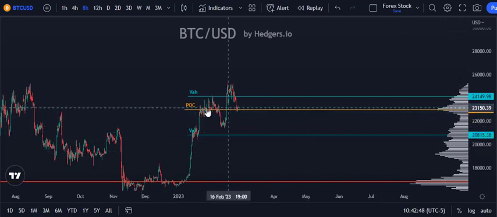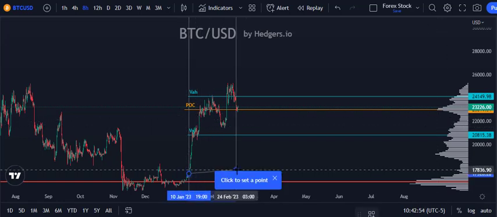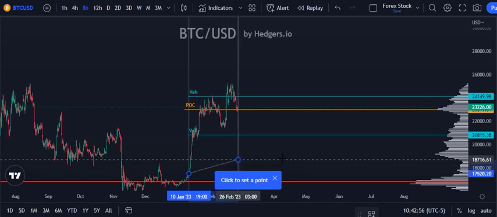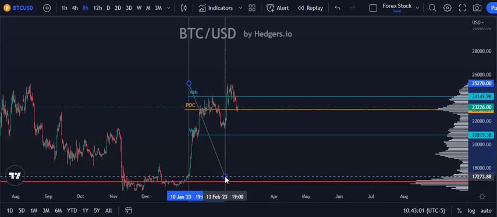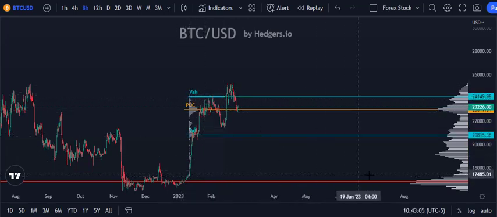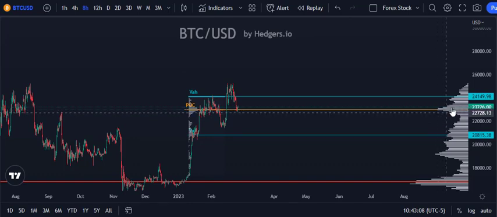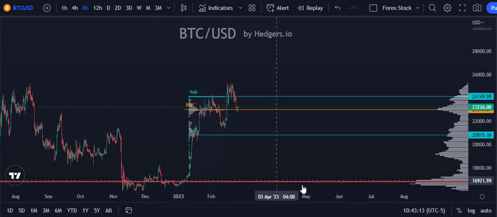This is our POC that we pulled the range from here, and let me just do it once again. You see here value area high, value area low, POC. So now this has been verified that this is the high volume trade area, and that is the point of control as well of our profile.